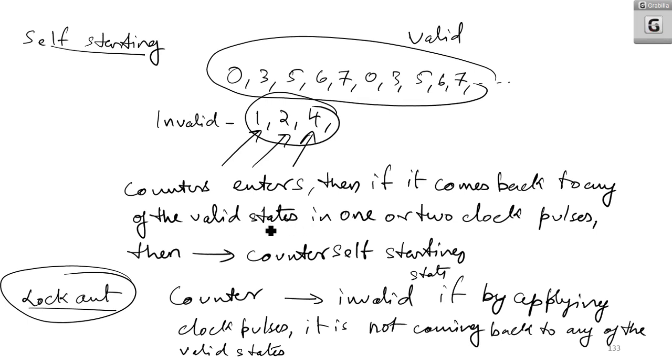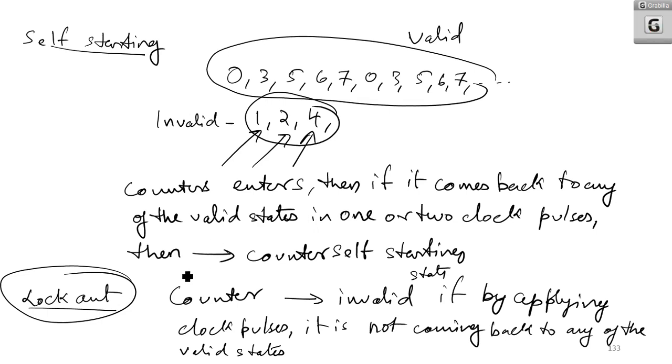In general, when the counter encounters some invalid states and is unable to come out of those invalid states to any of the valid states, such a situation is known as lockout condition.